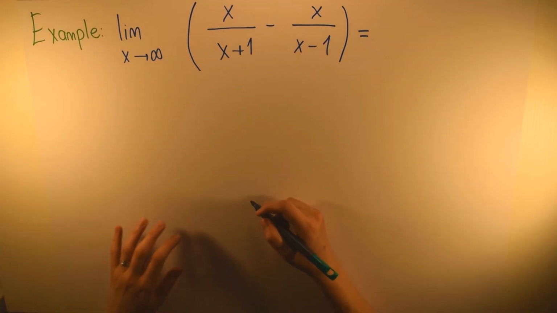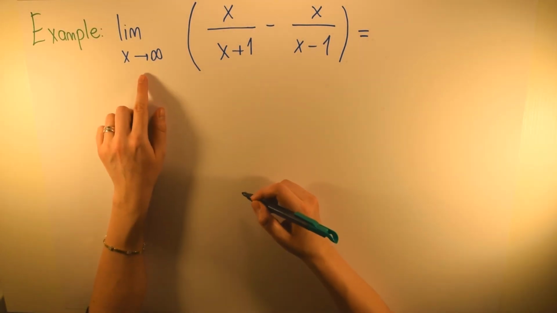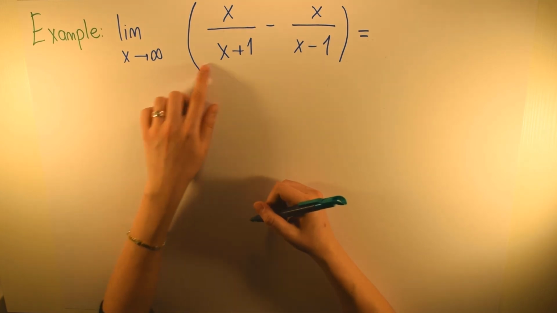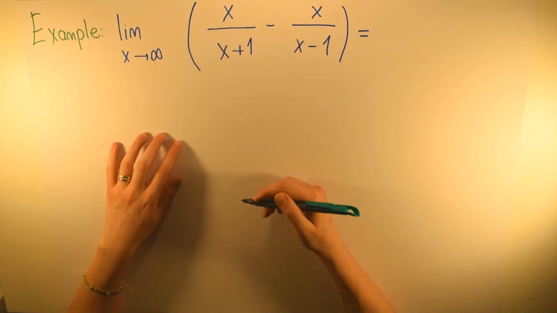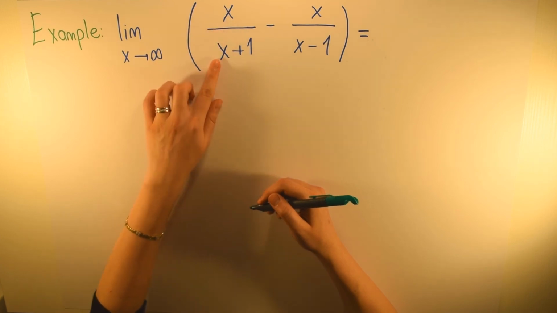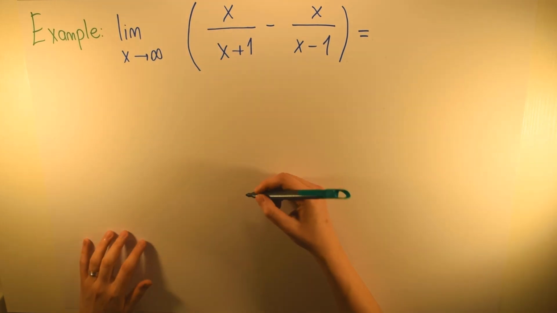Now let's continue with this example. Here we have the limit as x approaches infinity of x over x plus 1 minus x over x minus 1. So here what we can do is divide both numerators and denominators by x and let's see what happens.